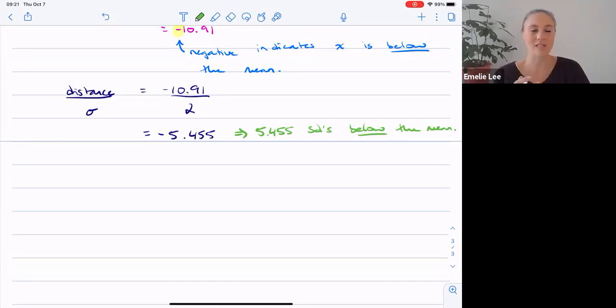So what we said was any observation that's more than 2 standard deviations away from the mean, either above or below, is considered an outlier or an extreme value, right? And so here, if we're 5.455 standard deviations below the mean, that's a very rare occurrence, right? And we knew that because if the standard deviation is 2, then from 6, I can go within reason from 6 to 4 to 2 to 0, right?